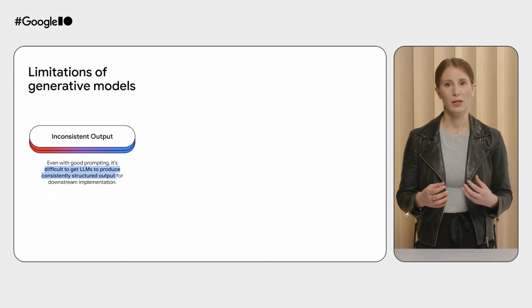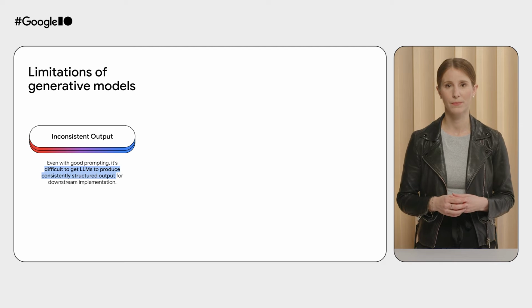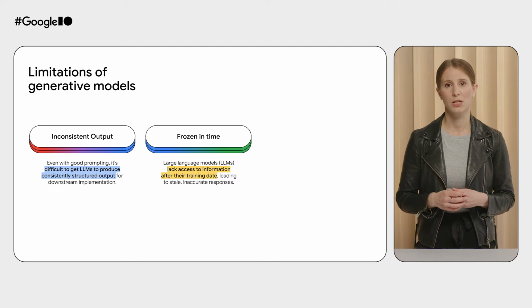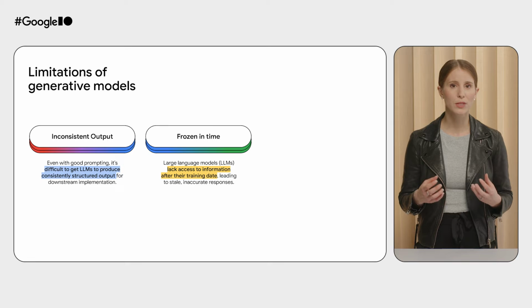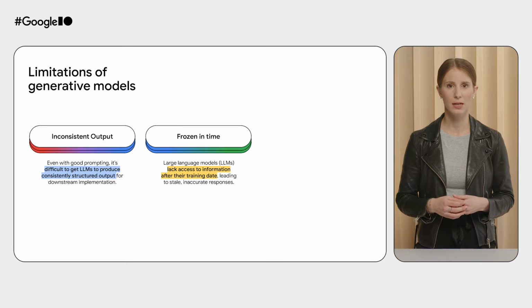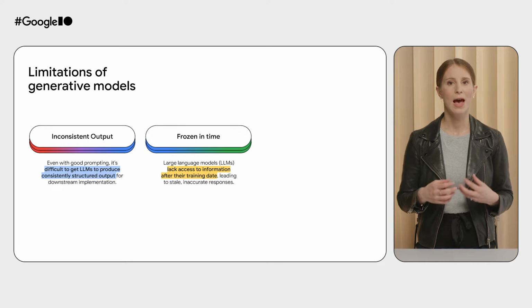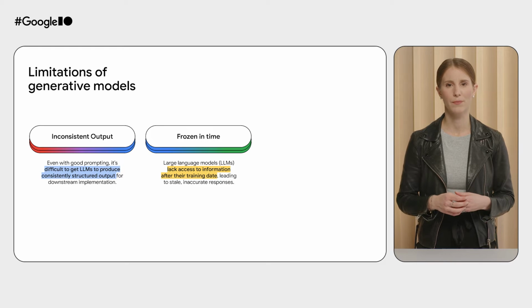In summary, generative AI models have some limitations that can make it challenging to integrate them into the broader application ecosystem. One challenge is that they often produce inconsistent output, formatting, and data structures, even with comprehensive prompting. Another limitation is that LLMs are frozen in time, meaning they lack access to new information outside of the scope of their training data.